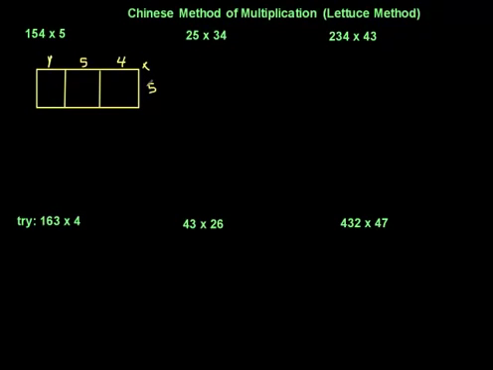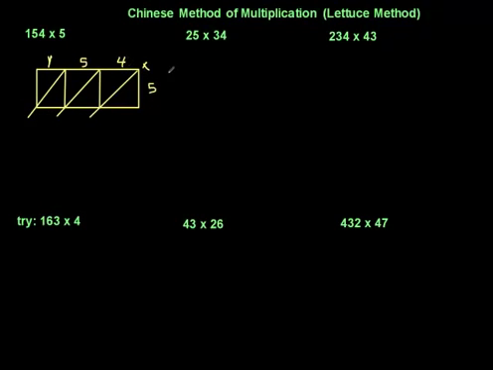Now each square is going to be split up diagonally. Why we do that is we have a unit and a ten here. Likewise, that's going to give you unit and ten, and unit and ten here. And that's it. All you do is you multiply the numbers.